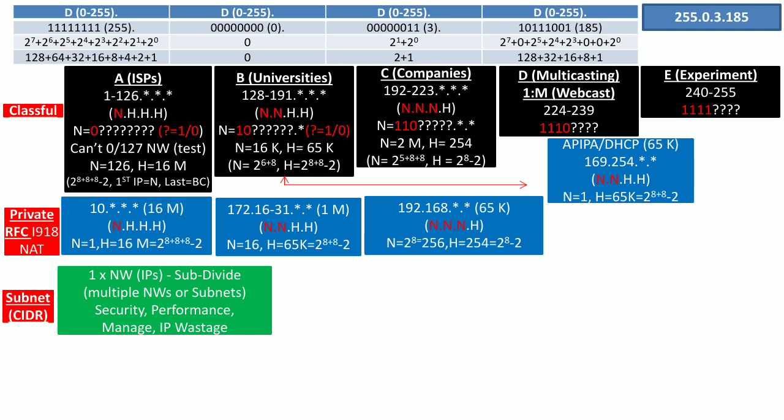And also for management purposes, because we can put particular departments in a single subnet, for example the accounting department in one subnet and the HR department in another subnet. And it also saves IPs from getting wasted. For example, if we have only two hosts, we do not want to waste an entire network of 256 hosts, so we divide this network into multiple subnets.